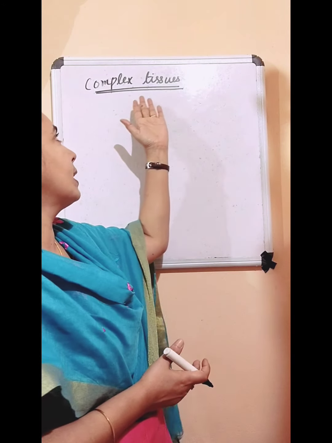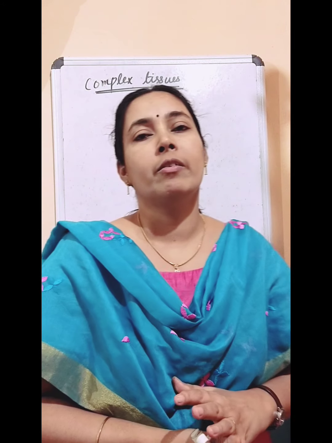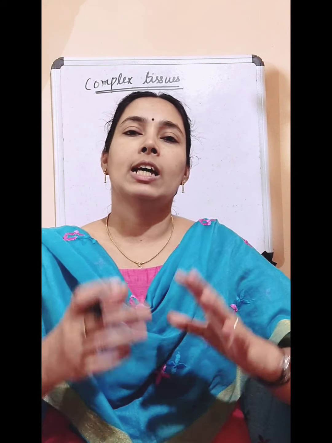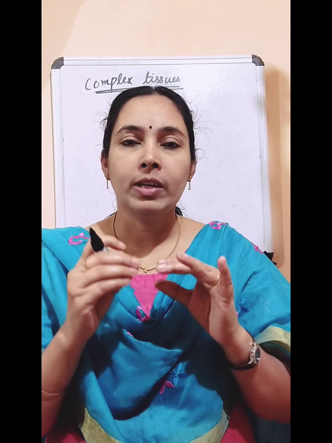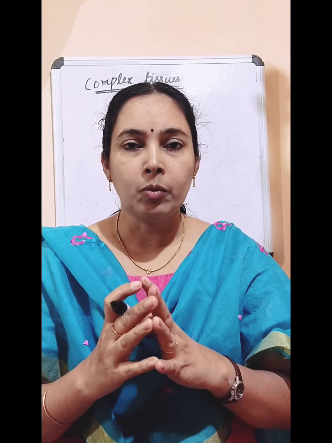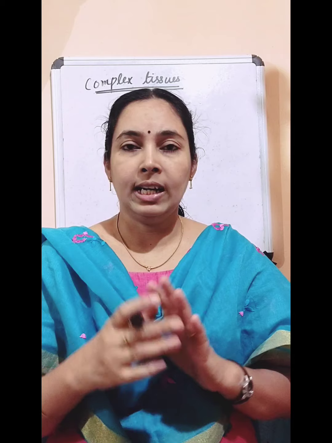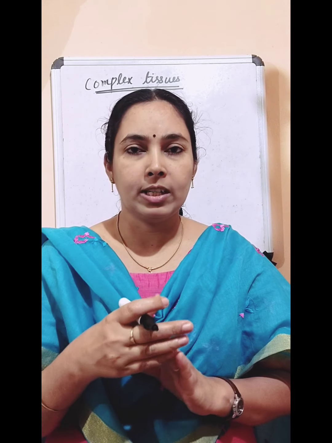So in complex permanent tissues, we can see that they have a group of cells. Tissue means a group of cells. And each group will contain two or three types of cells with different shapes.